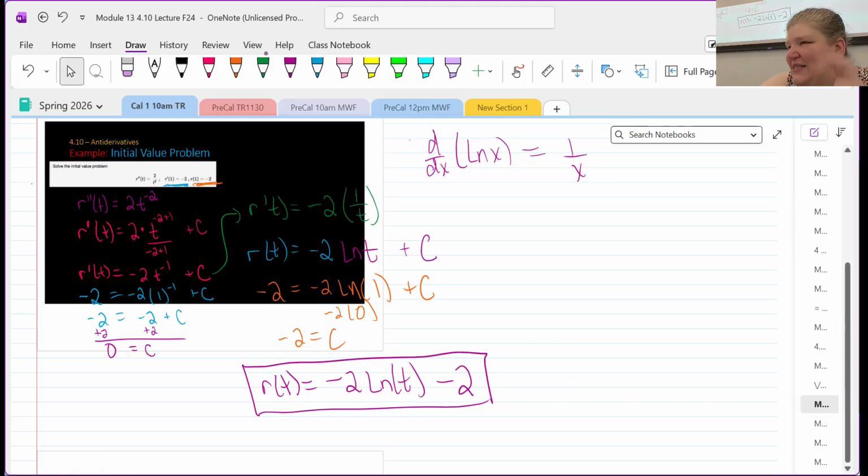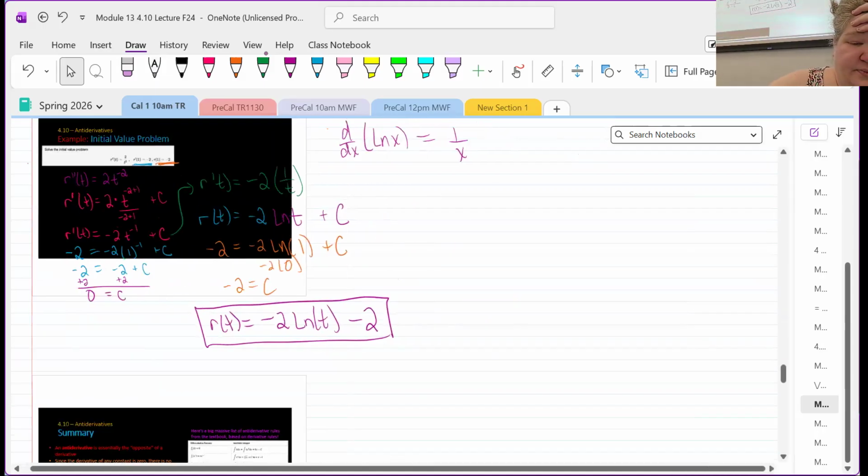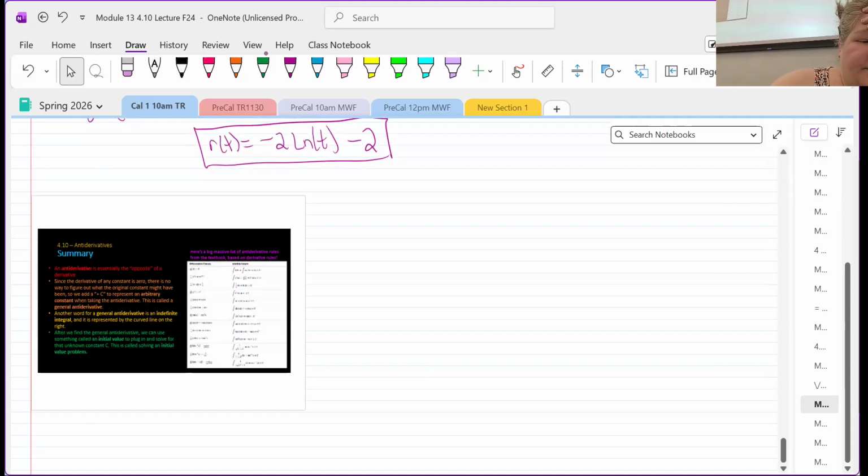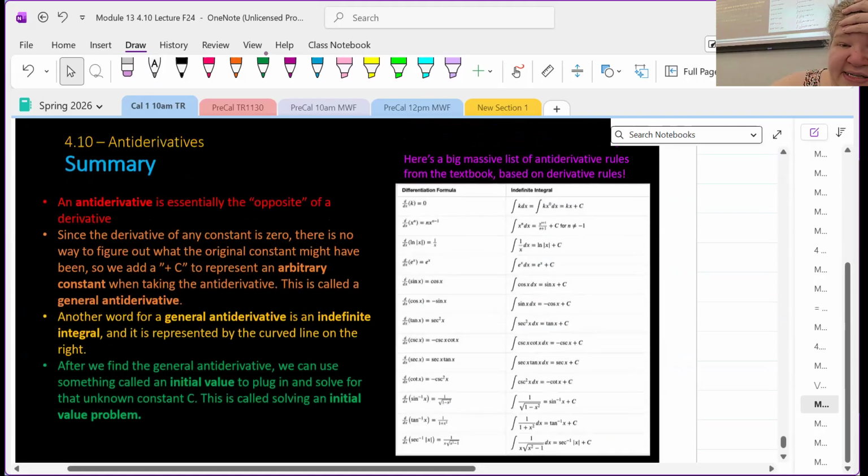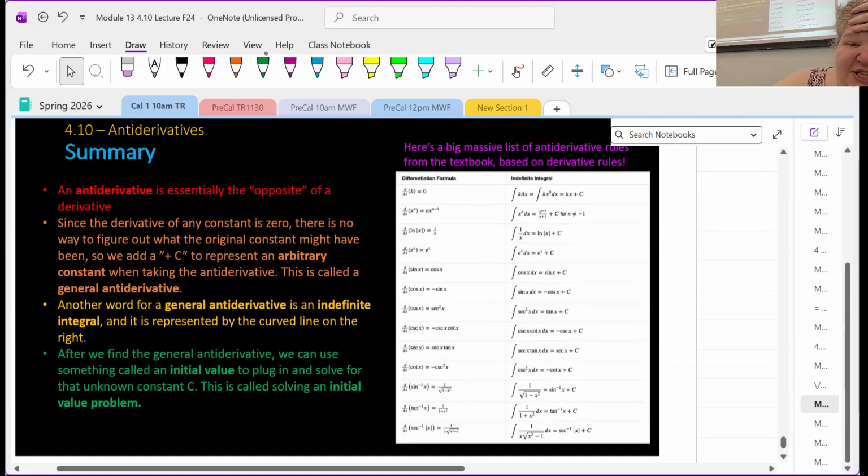They might be a tiny bit different with just a baby chain rule inside, where the inside's derivative is a constant. So our summary slide: there is in the textbook a giant list of antiderivative rules, but they are literally just writing derivative rules backwards.